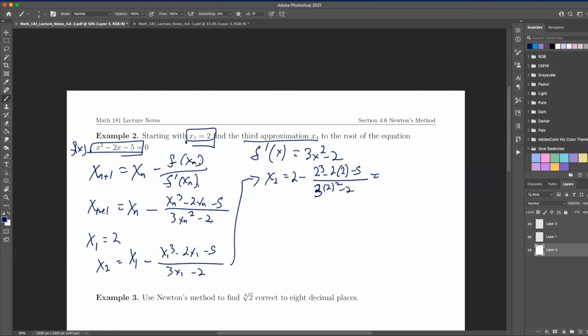Oops, I forgot a square here, didn't I? Okay. So here I plug in x, and so x_n would be 2, so there'd be 2 cubed. And then here it is 3 times 2 squared. Does that make sense? Oh, good.